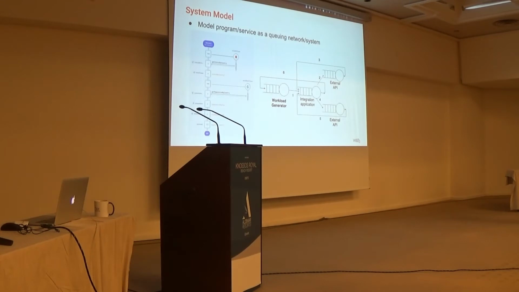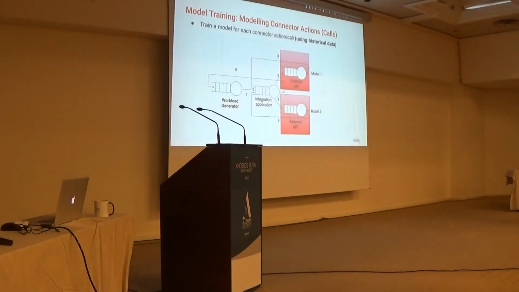Then it does another call, number 4. That's the World Bank, right? And then you get the response back. And then the final result is sent back to the client. That is number 6. So this is the representation of this service, which is a queuing model. This is how we model this.